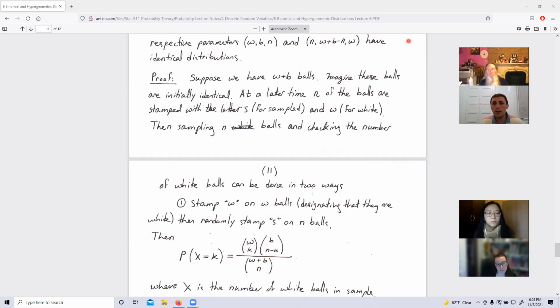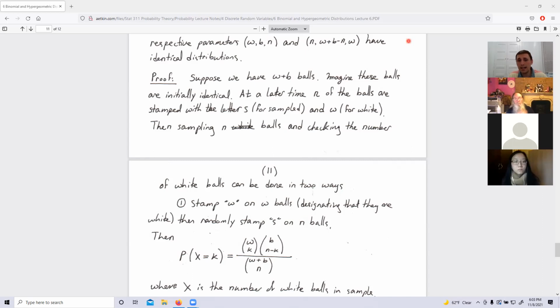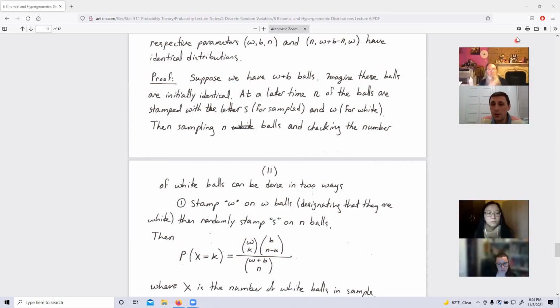So one way is to imagine that the tags are pre-assigned. First, you have all the W plus B balls, and the tags white and black are assigned, not randomly.